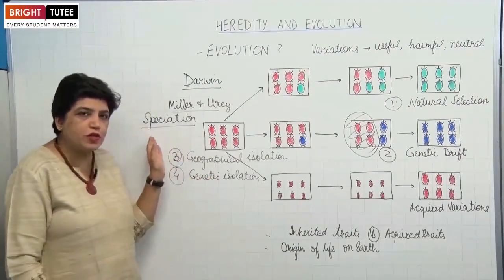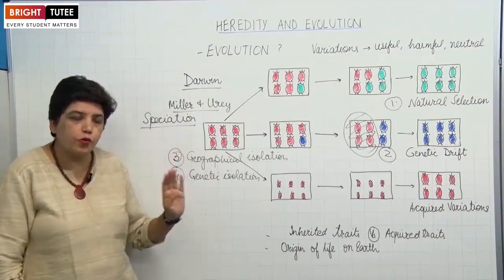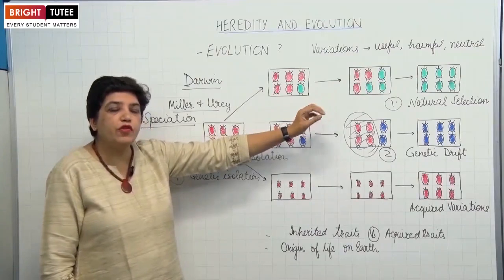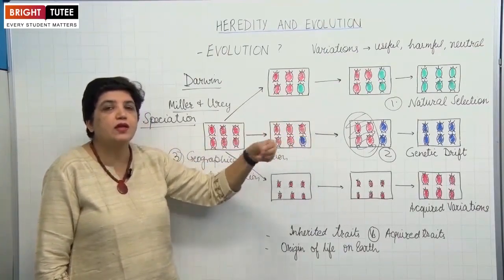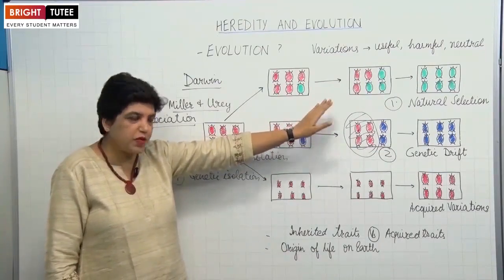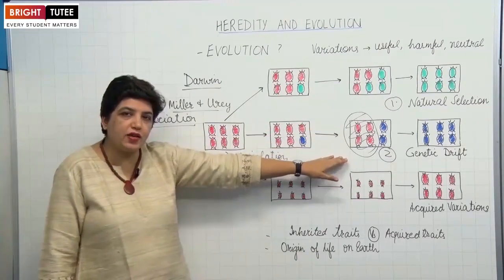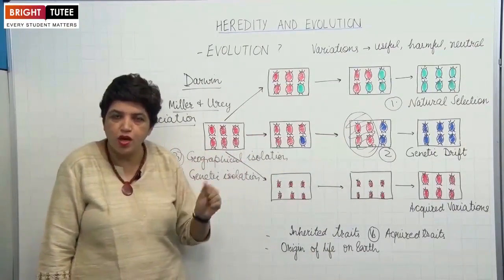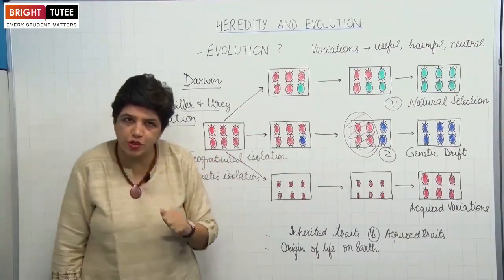So how were new species formed? There could be four processes. First is natural selection. Those organisms which had useful variations could adapt to the environment and led to formation of a new kind of species. Second is genetic drift, in which there is a chance survival of a given gene pool, which led to formation of a new species.